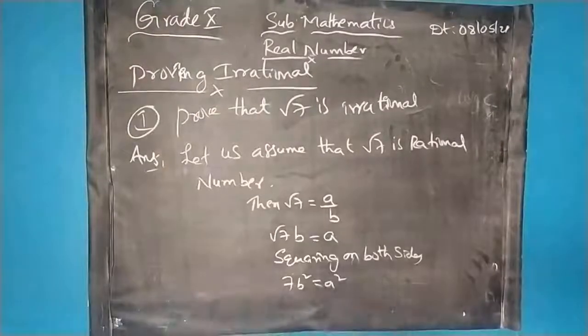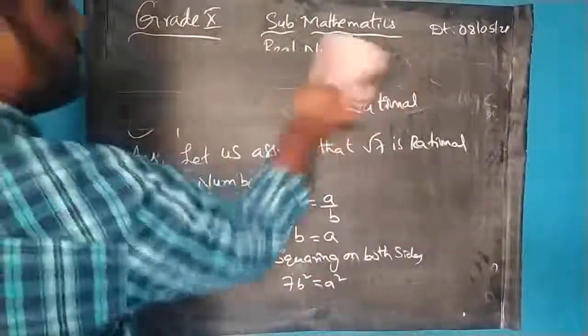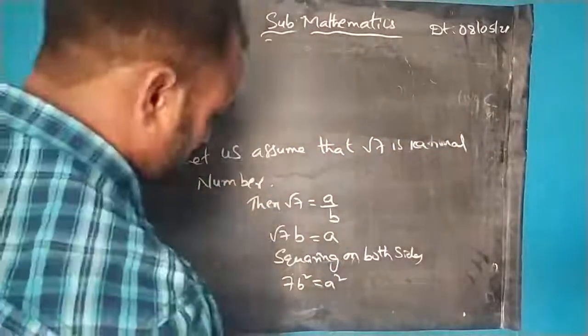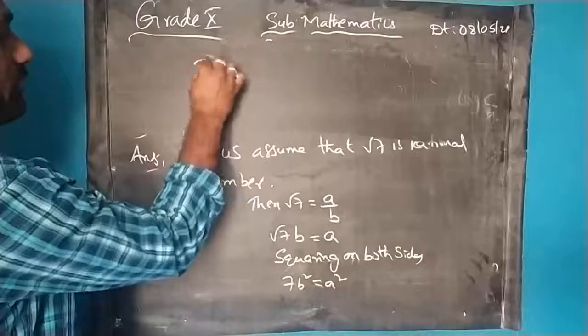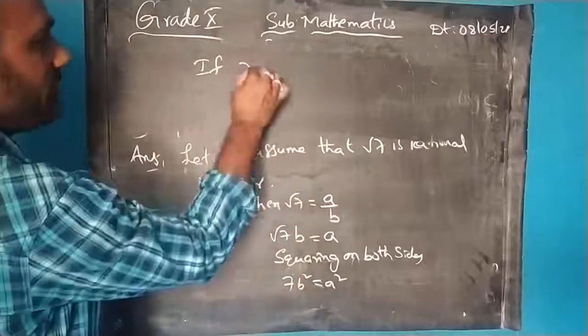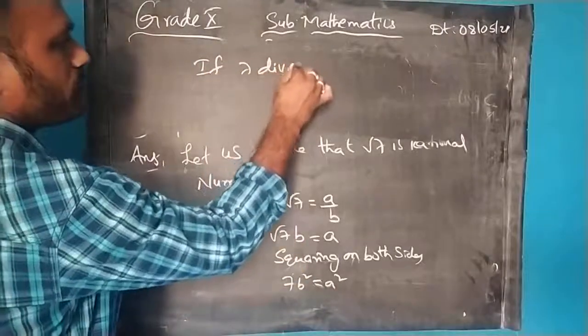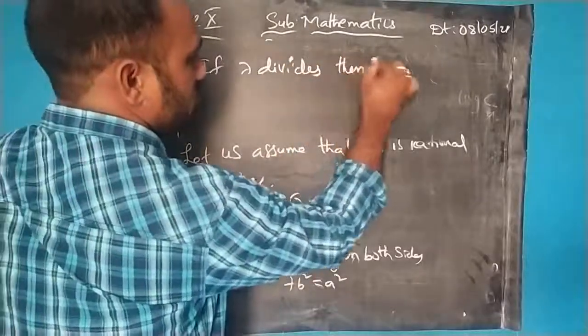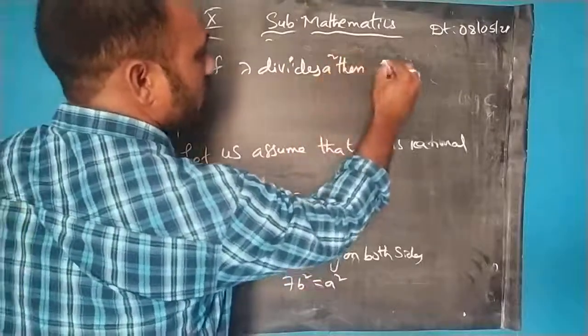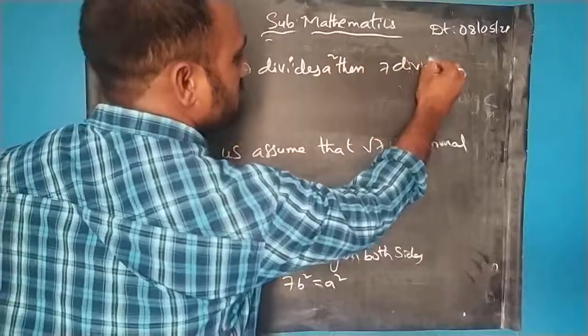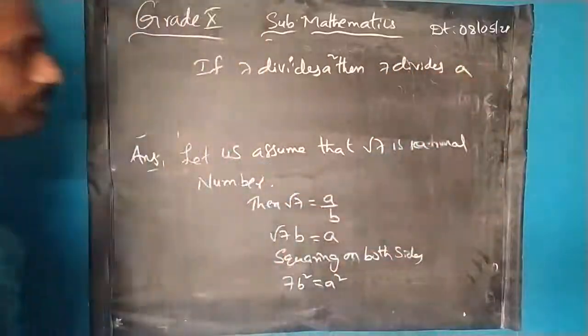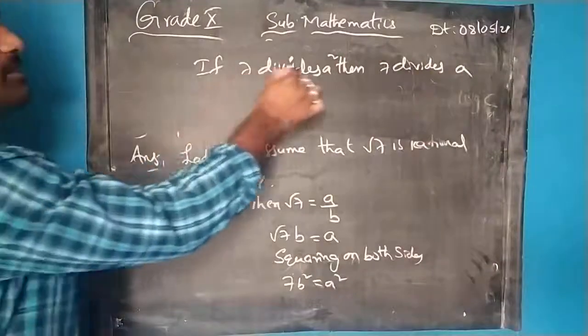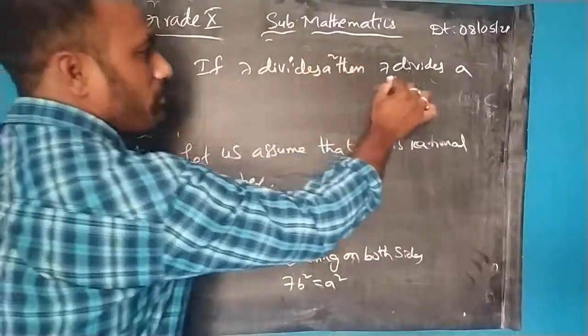Then here, if 7 divides a square, then 7 divides a. For example, a number dividing its square means it will divide the original number.